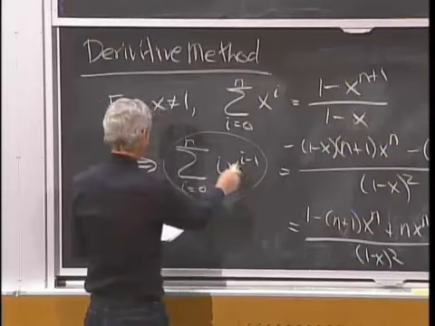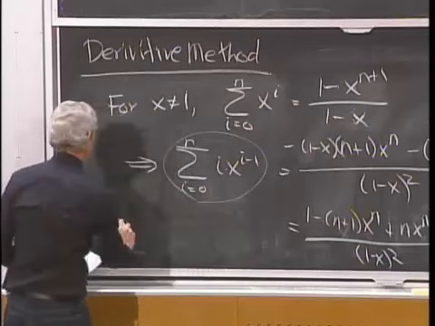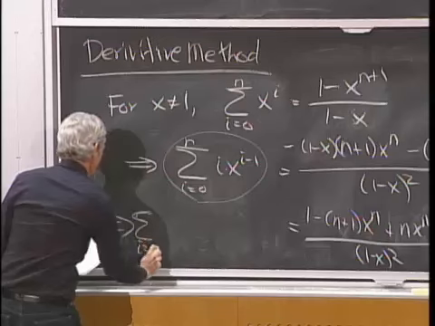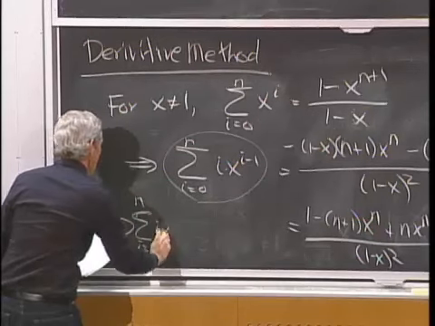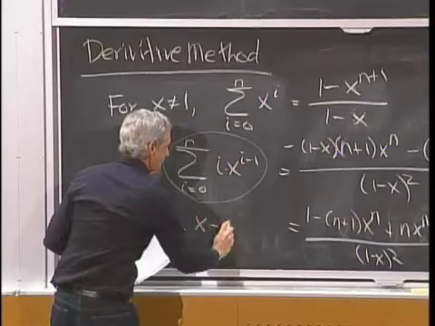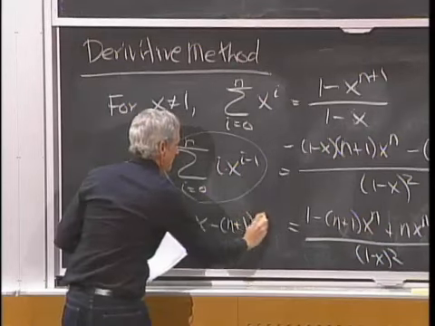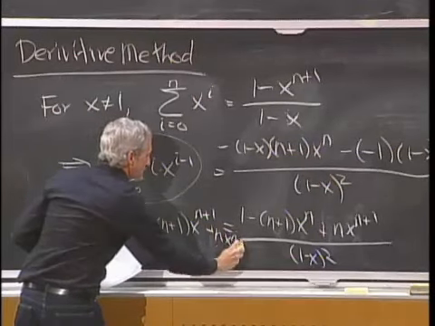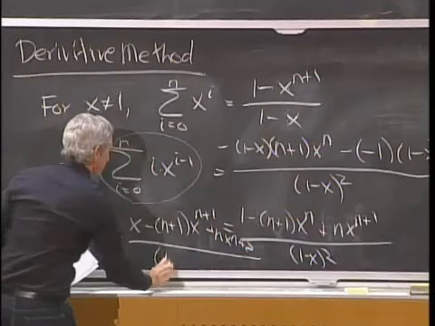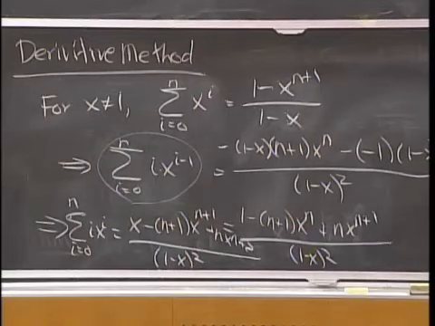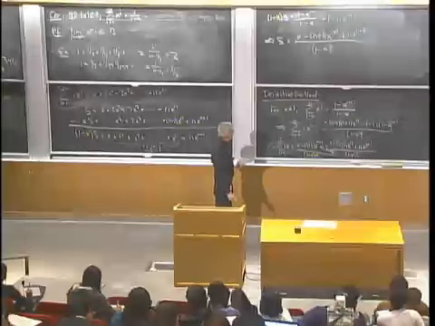So if I take this and multiply by x, the sum for i equals 0 to n of i x to the i equals x minus n plus 1 x to the n plus 1, plus n x to the n plus 2, all over 1 minus x squared. Okay? Which should be the same form that we had up there.